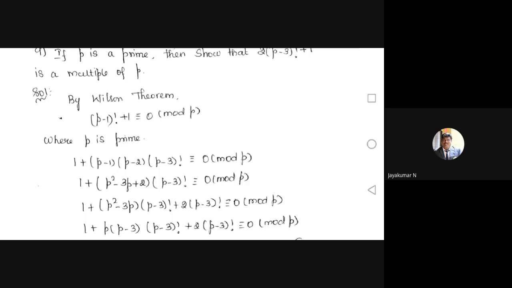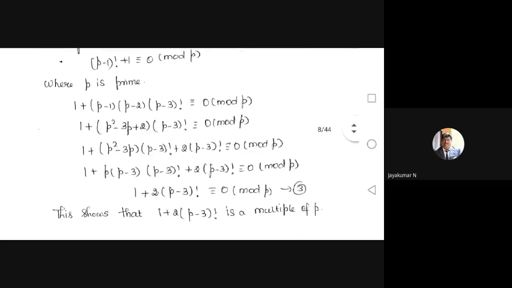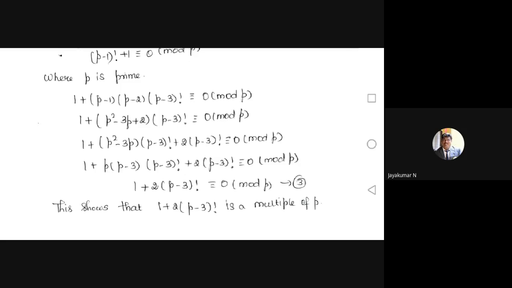When you look at the expression, p into (p minus 3) into (p minus 3) factorial is a multiple of p, so when it is divided by p, you get the remainder 0. So obviously, we can conclude that 1 plus 2 into (p minus 3) factorial is a multiple of p.